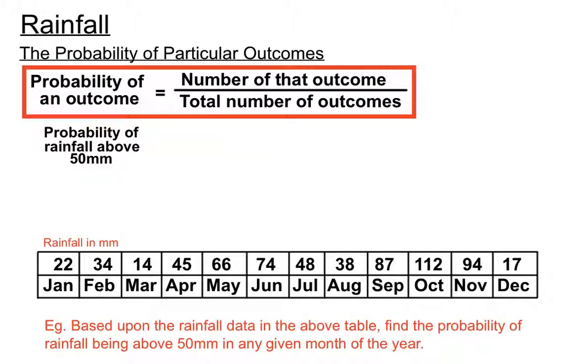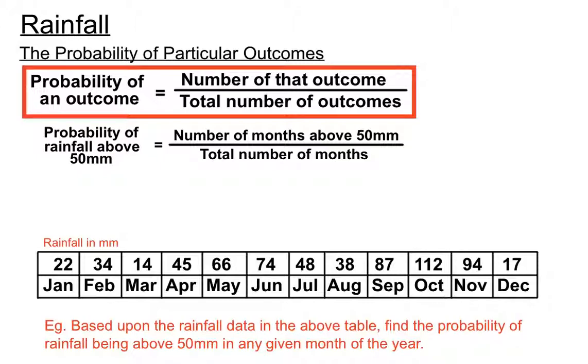Adapting the rule to this question, we look for the total number of months above 50 millimetres and put that over the total number of months we're looking at. If we have a look at our table, I'll circle the months if their rainfall is above 50 millimetres.